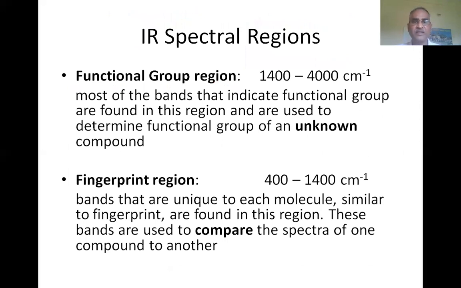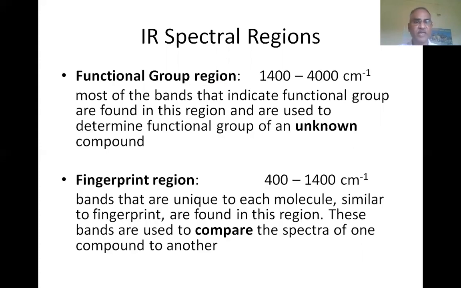And the infrared spectrum actually is divided into two parts. 1400 to 4000 centimeter inverse is one part, and 400 to 1400 centimeter inverse is another part. The first part is called the functional group region, and the second part is the fingerprint region.